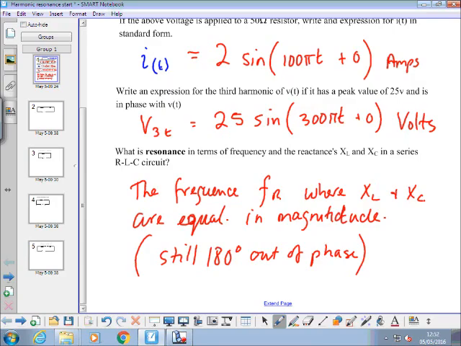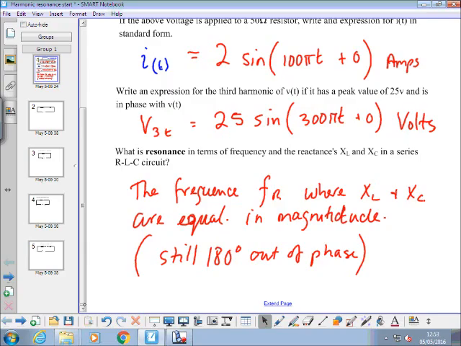XL is still a plus 90 degrees or plus pi over 2 radians, and XC still has a phase angle of minus pi over 2 radians. So all reasonably happy with that revision in terms of what we mean by a sine wave in its standard form?